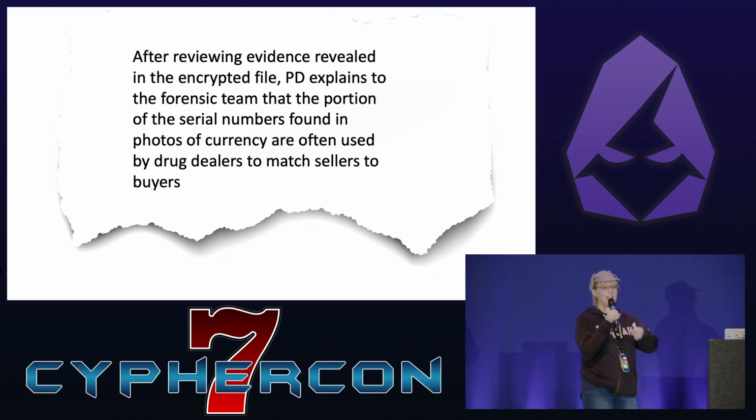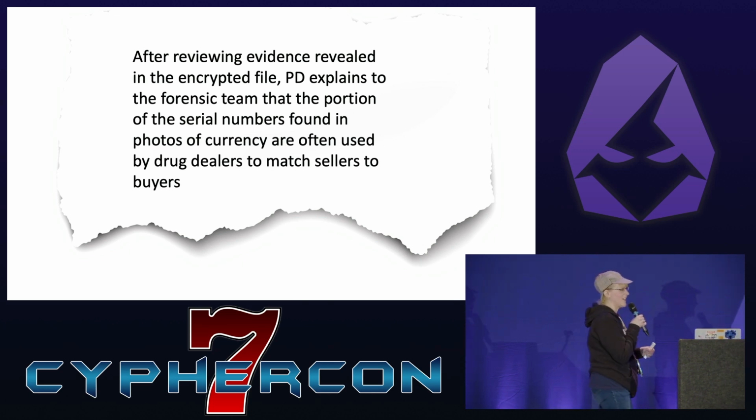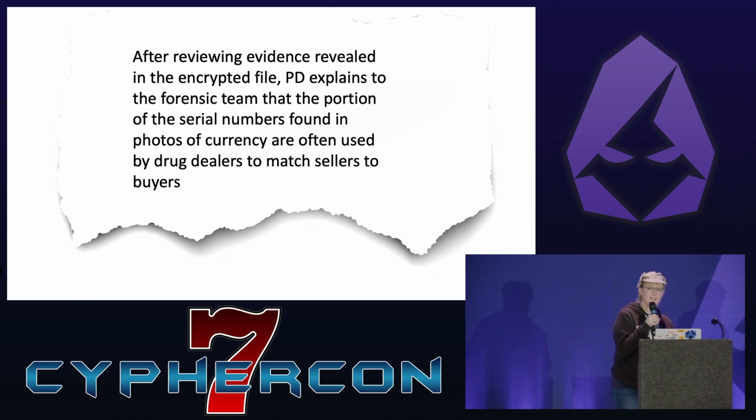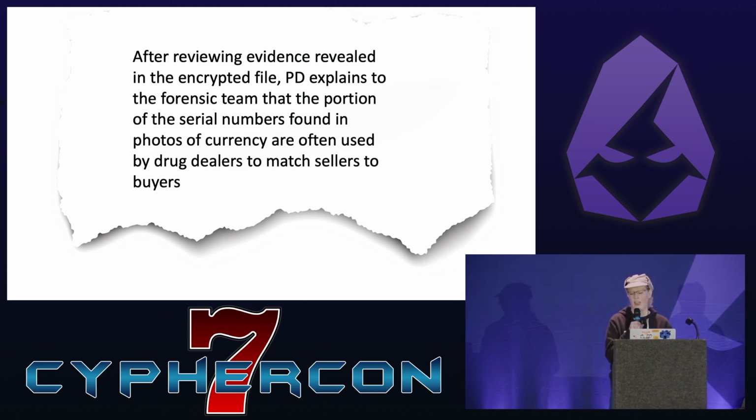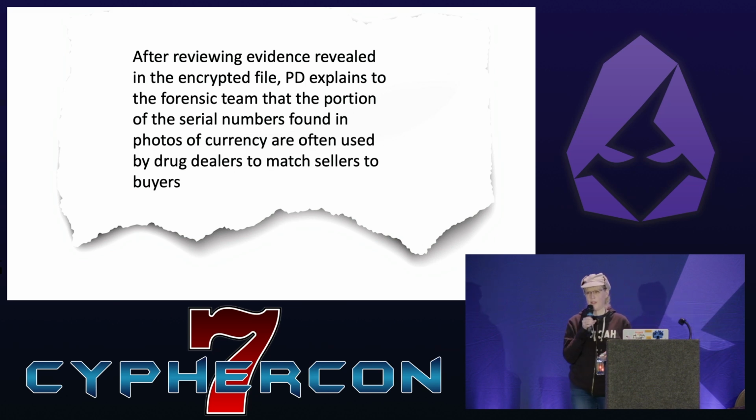So here's a way to identify yourself that doesn't require any of your personal information, but in theory, can tell one drug dealer to another, a buyer and a seller, I'm me. So there's an interesting way of doing identity. And the forensics folks never knew what that was. They just thought it was this weird set of pictures.